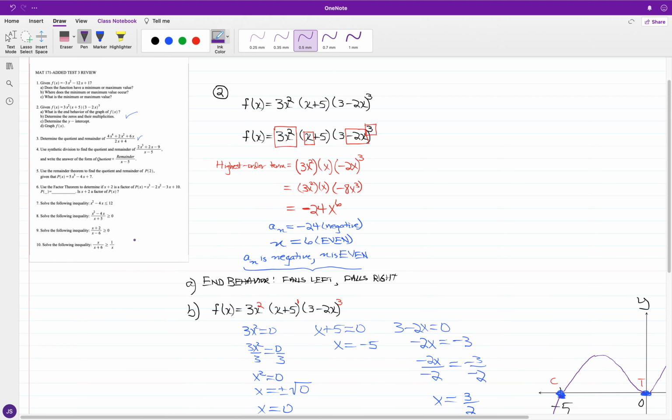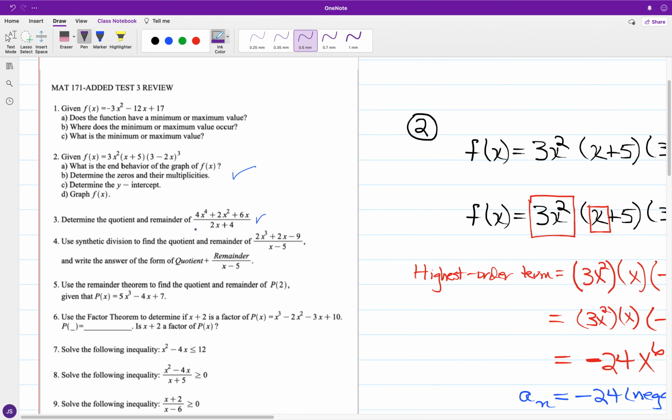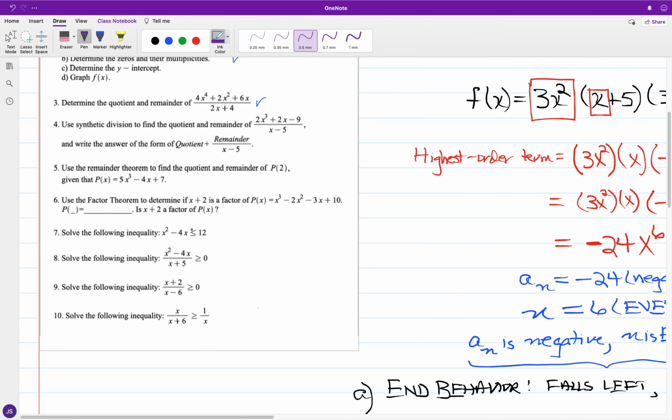And then we have the remaining item, the quotient and remainder. So here we have 2x plus 4 into 4x to the 4th plus 2x squared plus 6x.